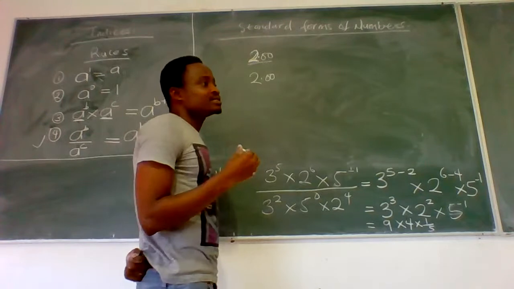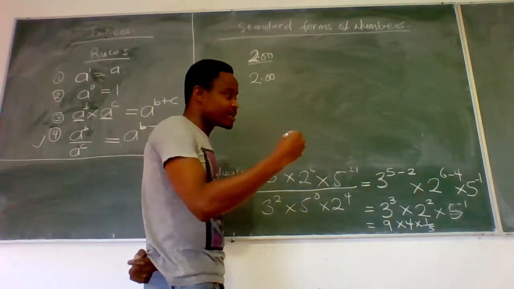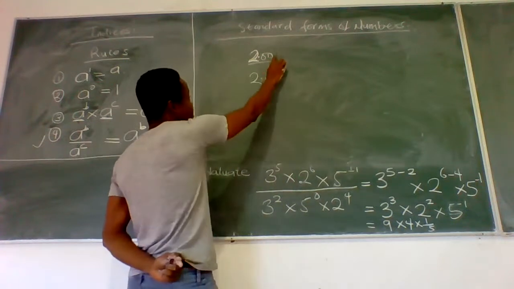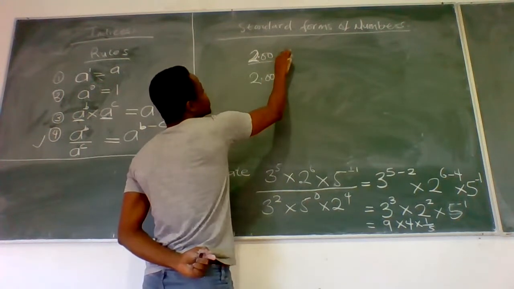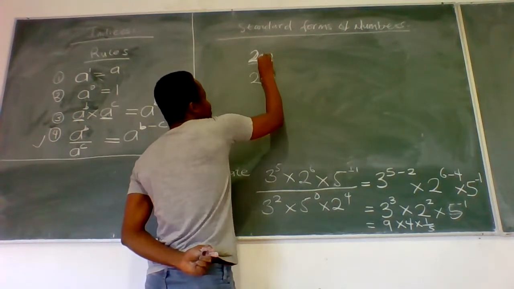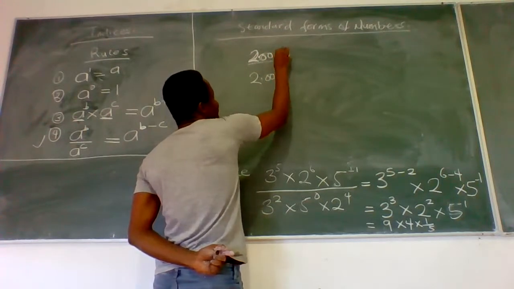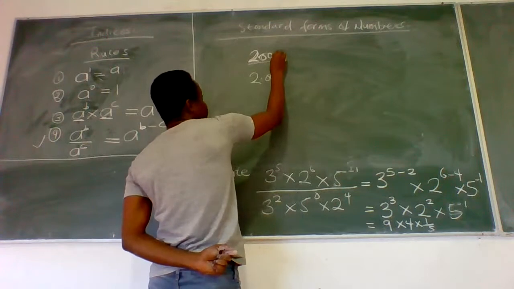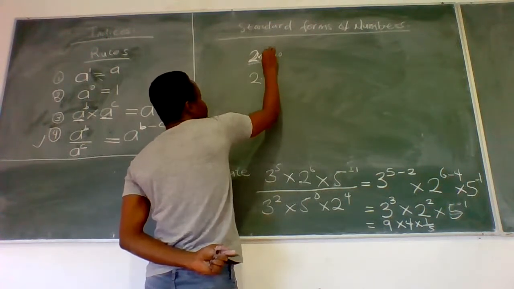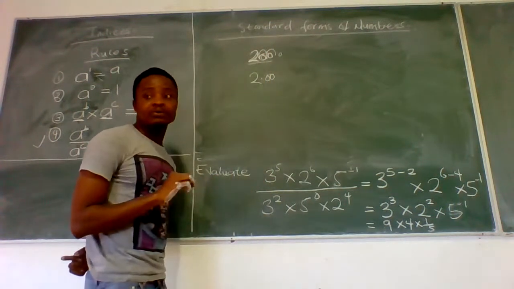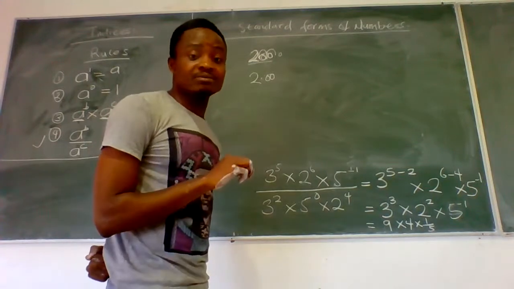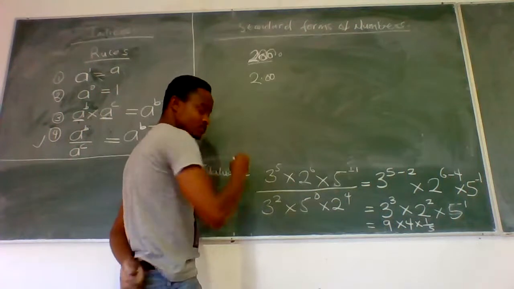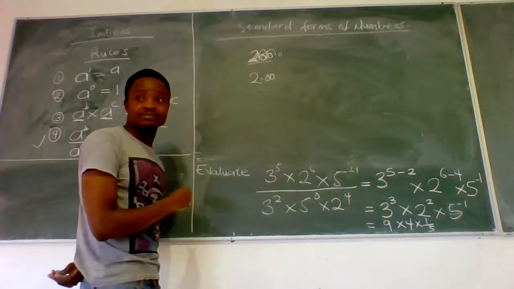The next thing is how many steps have I moved before I introduce the decimal point. 200 is the same as 200.0, right? So this is the decimal. We move 1, 2 before we were able to locate that number. So I've moved 1, 2 from right to left.